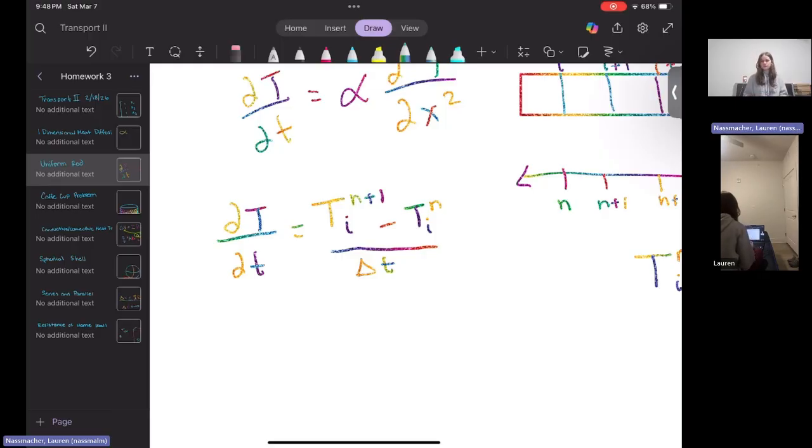The second spatial derivative is determined using a central difference.